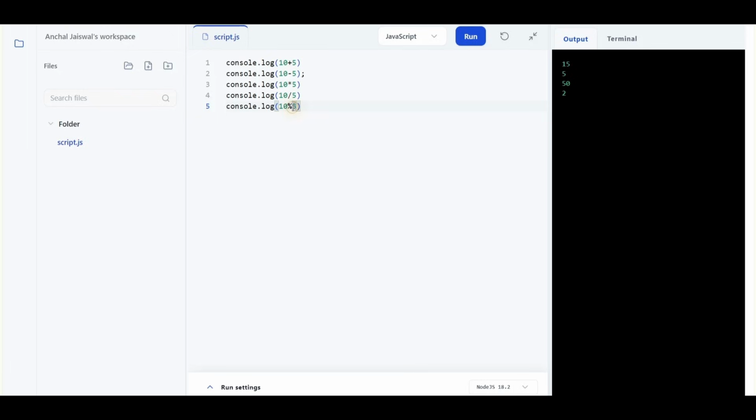And after that, 1 is left over. That leftover value is called the remainder. And that's exactly why we get 1. So remember, the modulo operator gives us the remainder left after division. It does not give us the quotient.